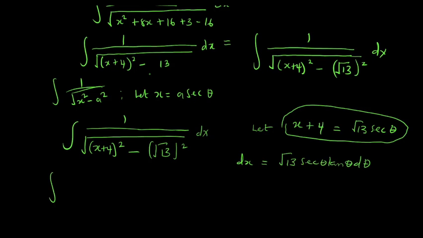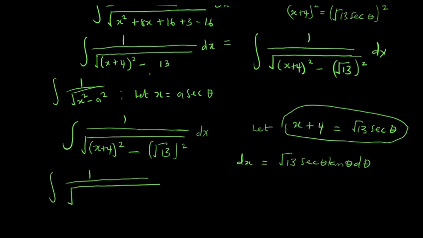So we have the integral of 1 over the square root of, so now x plus 4 all squared. If I want to square this now, x plus 4 all squared will be the square root of 13 sec theta, right? So let me write it somewhere here. x plus 4 squared now equals square root of 13 sec theta all squared, which will give 13 sec squared theta.